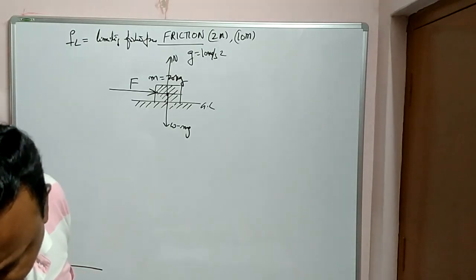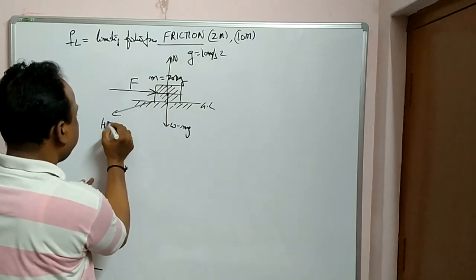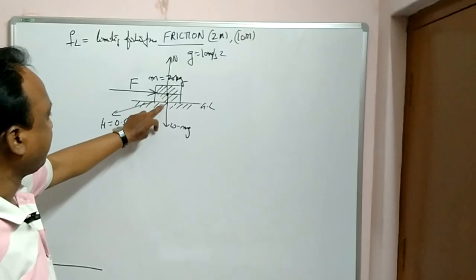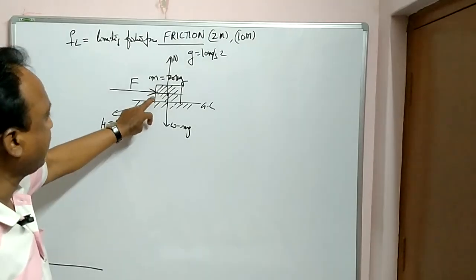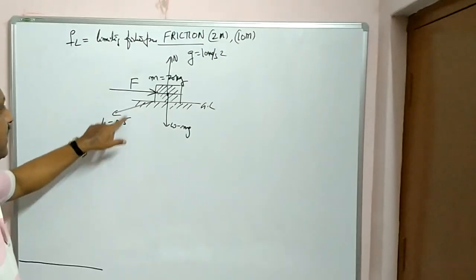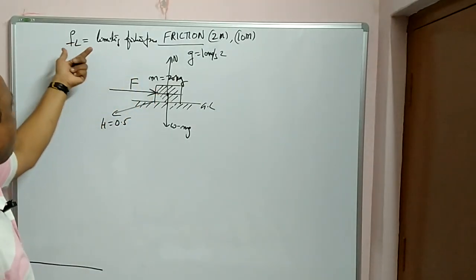Now here coefficient of friction is also given. Mu is given as 0.5, the coefficient of friction between the ground surface and the surface of the block. Now let us try to calculate what is F limiting.